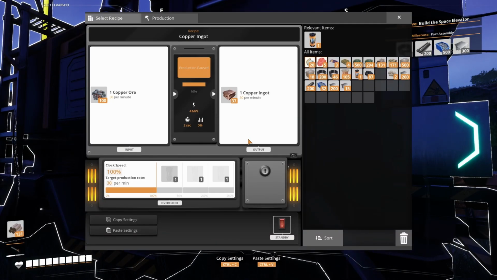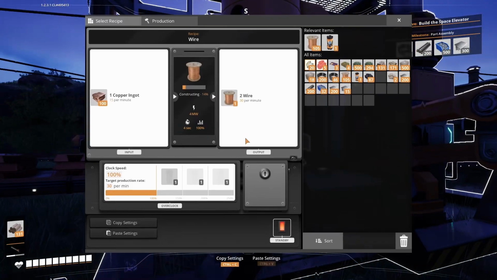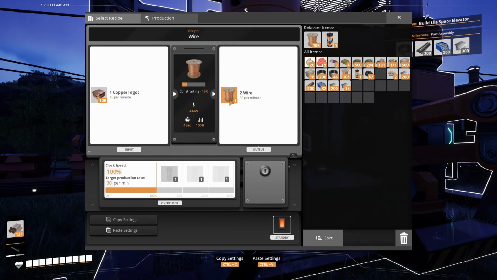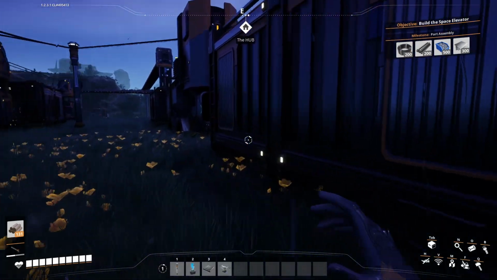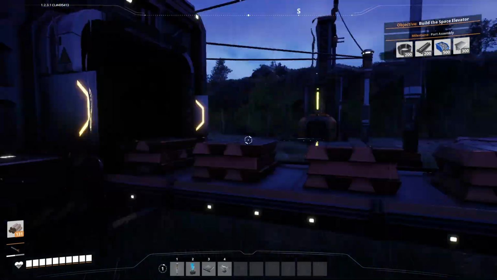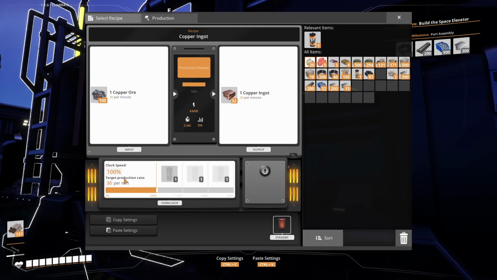And this to 30. So this is full. This takes 15. So if we can lower this down to 50-ish%.